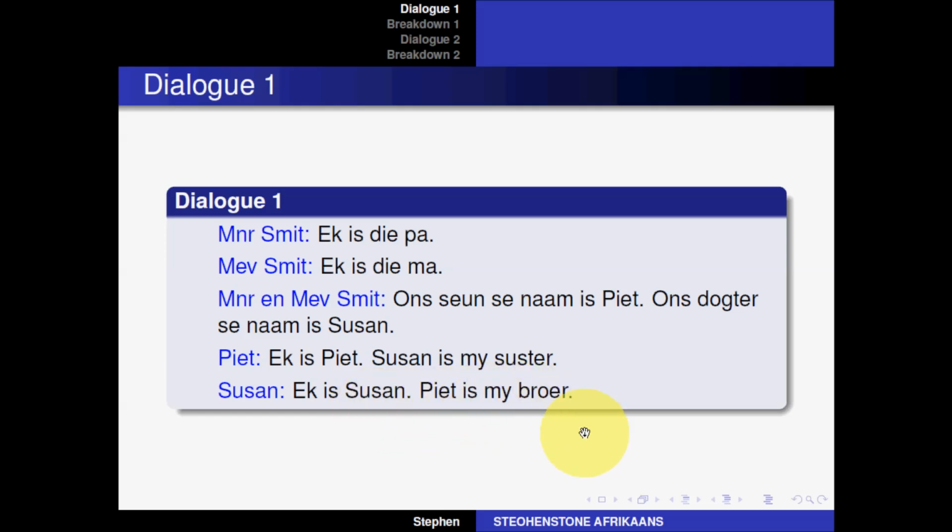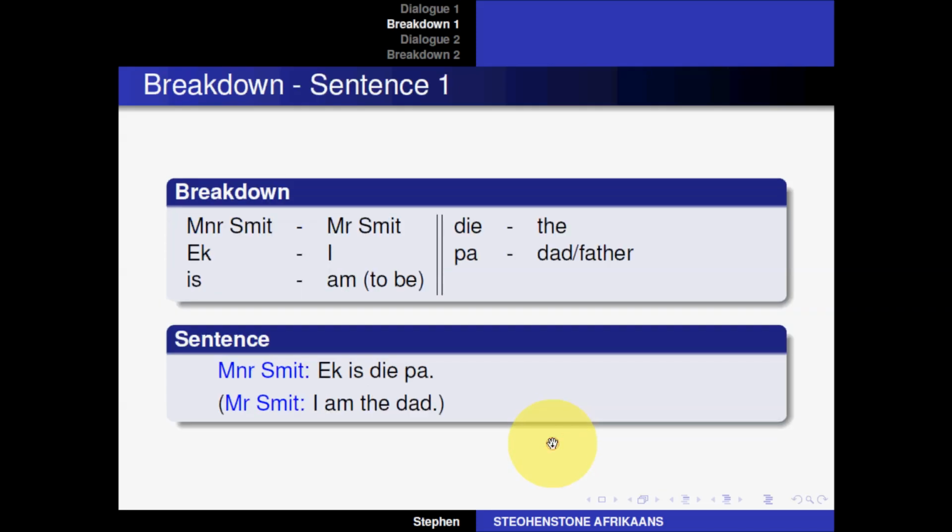So let's look at this in a little more detail, one sentence at a time. I have the list of new words here that we haven't encountered before, and then we'll look at the sentence again. So, Meneer Smit means Mr. Smit. Mr. in Afrikaans is meneer, and this is the abbreviation for that.